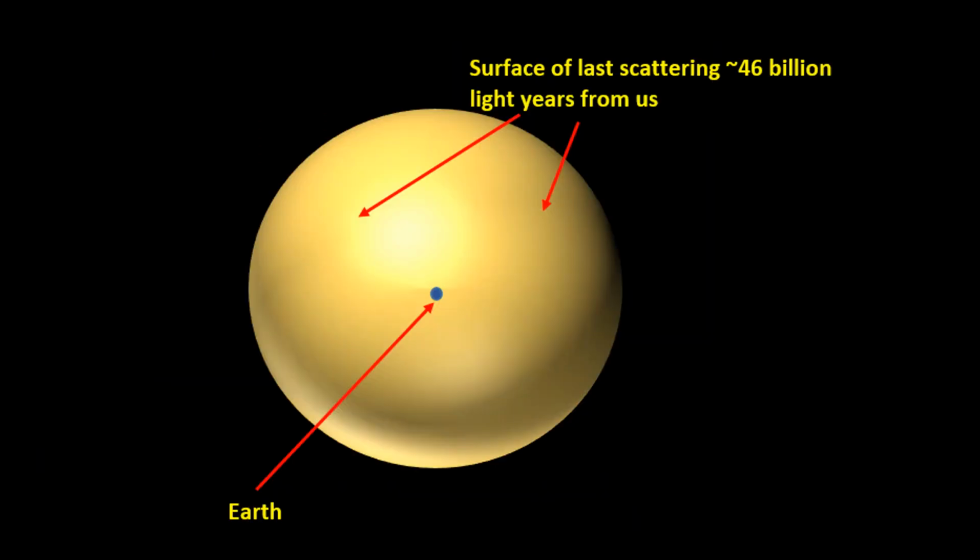The cosmic microwave background radiation comes from a set of points called the surface of last scattering. This forms a spherical shell roughly 46 billion light years away. We can't receive any light from anywhere older than this.